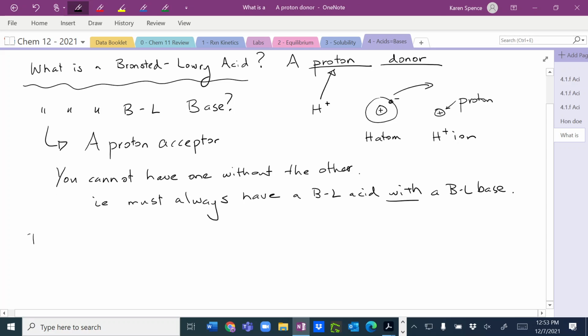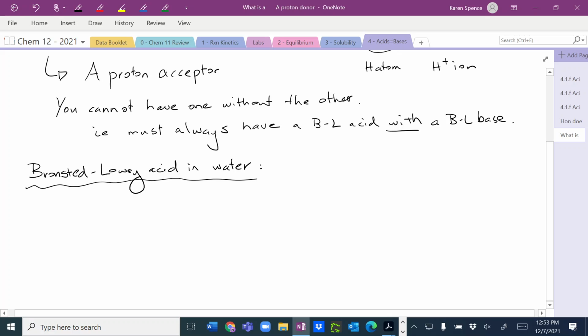So let us look at a Bronsted Lowry acid in water. And you use HF because it's easy to write, it's short.